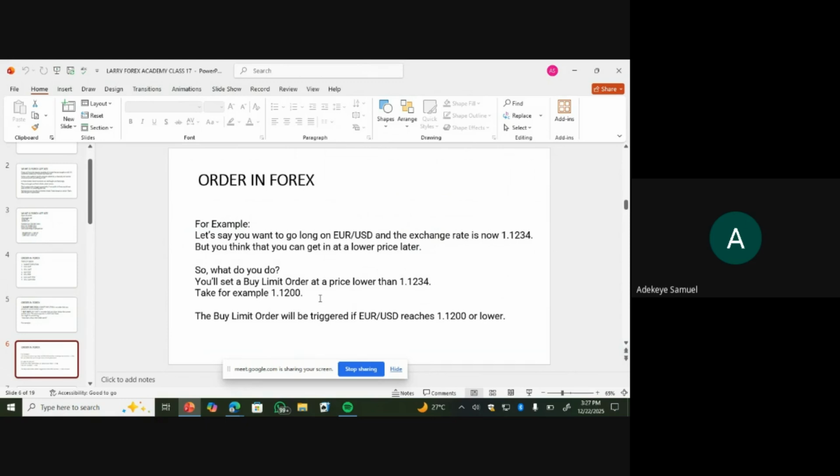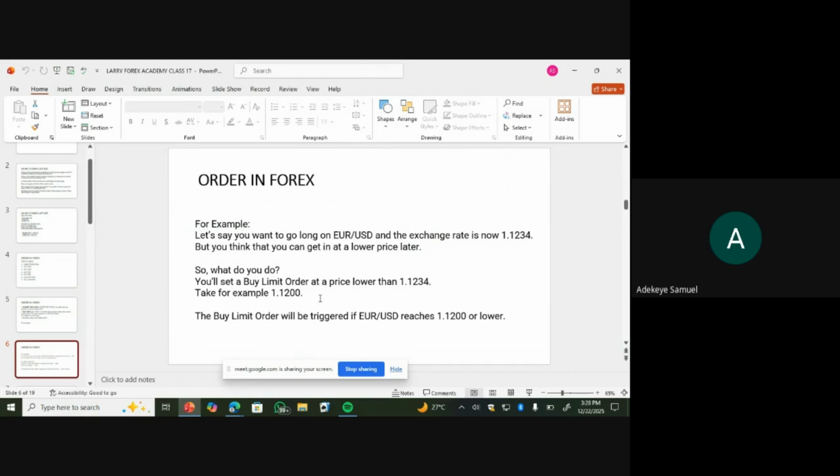So you are buying at a lower price than 1.1234. Once the market triggers that level, the broker will automatically buy for you at 1.1200, at a cheaper price.